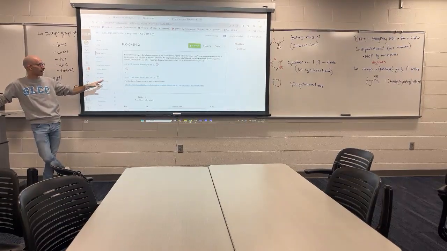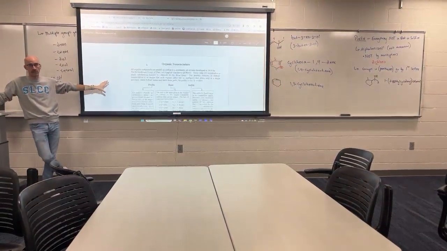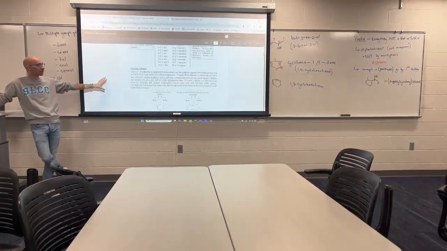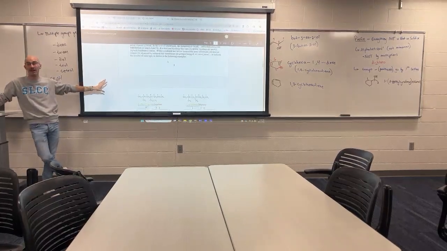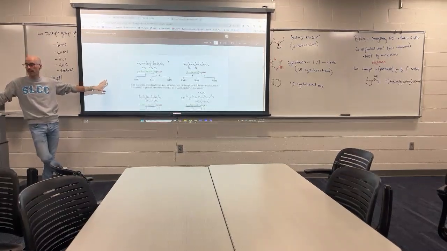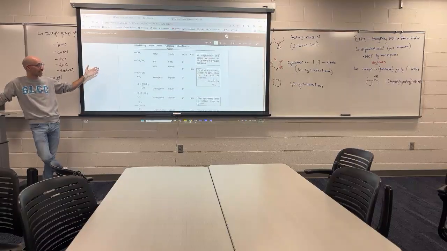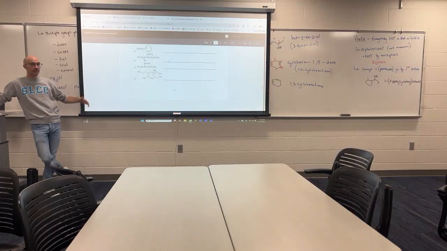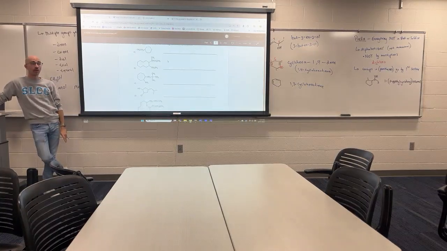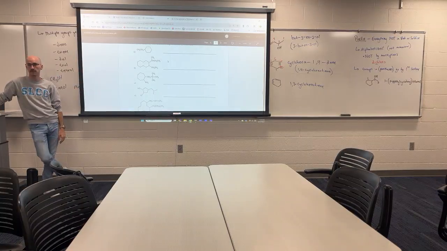So you will find that this does not look like how I draw my structures. It does not look like how I test. It does not necessarily have compounds that I would ever ask you to draw or name. That being said, if you can go through this activity and name these compounds, you will have a very good understanding of everything that we talked about today.